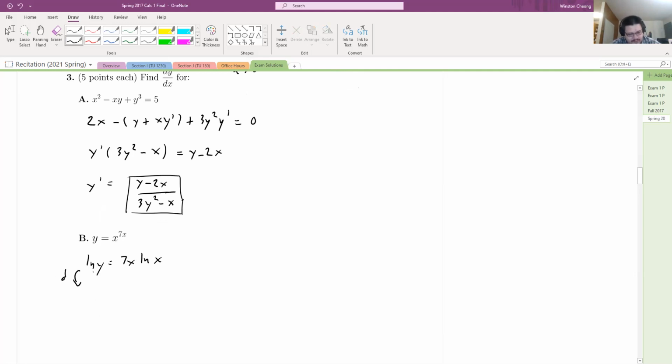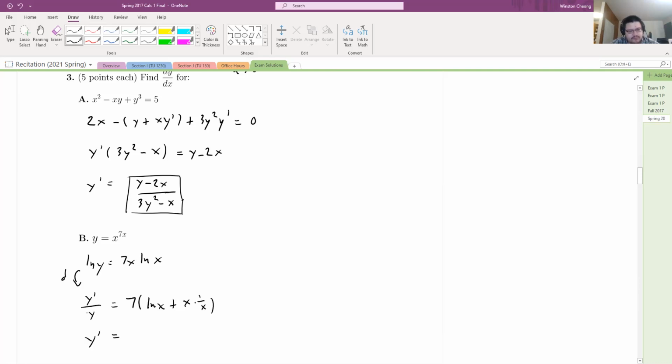Okay, so the ln of y side becomes y prime divided by y. This side ends up being a product rule, so ln of x plus x times 1 over x, which just becomes 1.